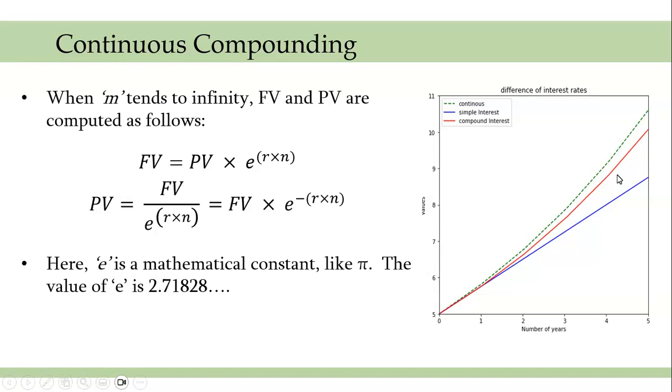When you move from compound interest, which is non-continuous, to continuously compounded interest, your growth line becomes a little more curvy, represented by the dotted green line, which means as the number of years increases, the difference between simple interest, compound interest, and continuous compounding keeps growing.